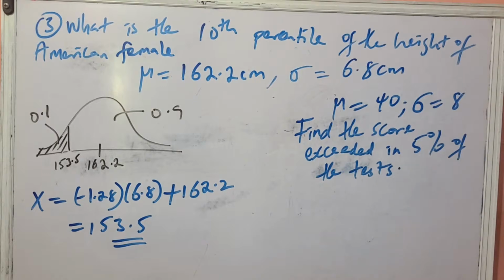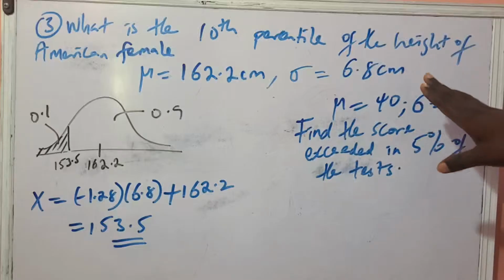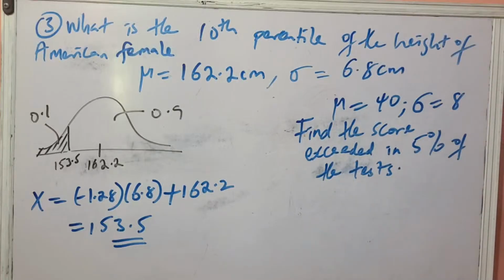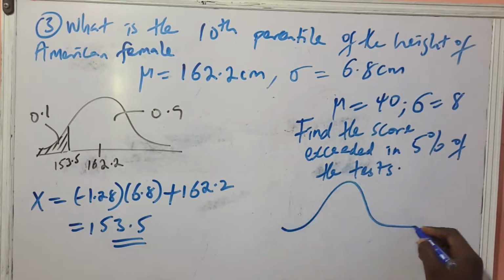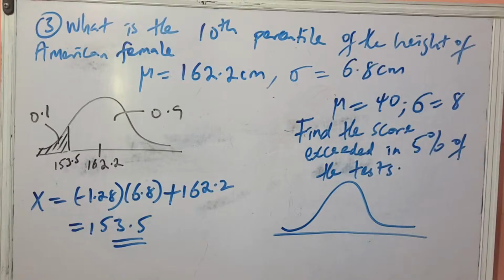Listen carefully. Let me repeat that. Find the score exceeded in 5% of the test. The interpretation of this is the score that 5% of the population of this class doing the test exceed. Let me draw a normal distribution here and use it to explain. We have 100%.